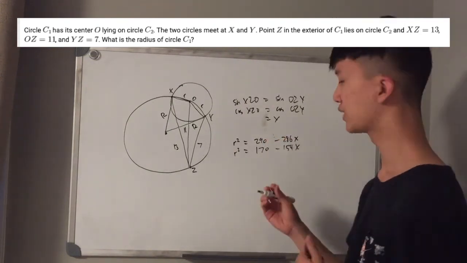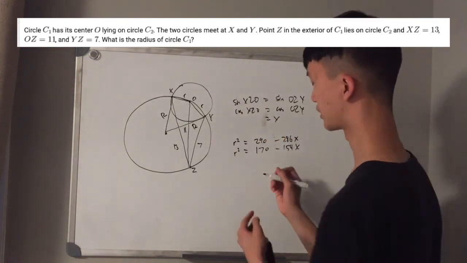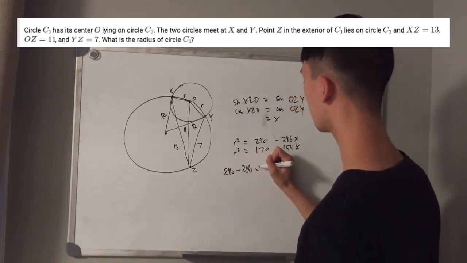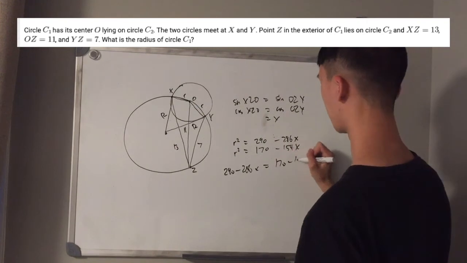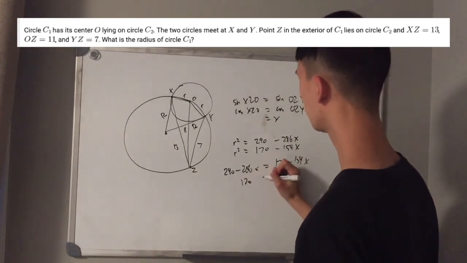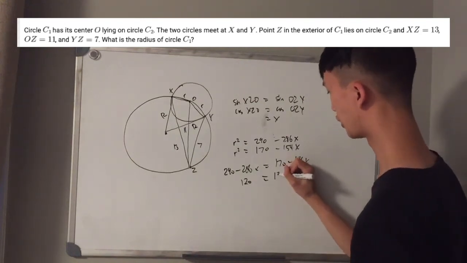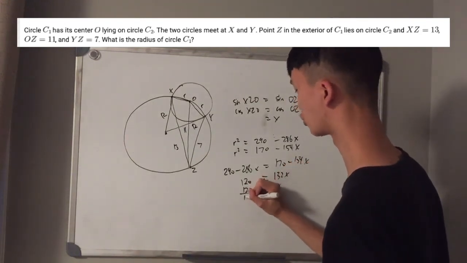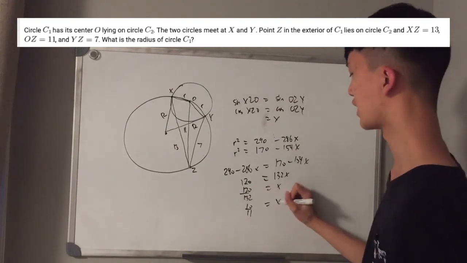And so now we can set these two equations equal to each other, since both are equal to r squared. So 290 minus 286x is equal to 170 minus 154x. Now, this is equal to 120, and this is equal to 132x. So x is equal to 120 over 132, which is also equal to 10 over 11.